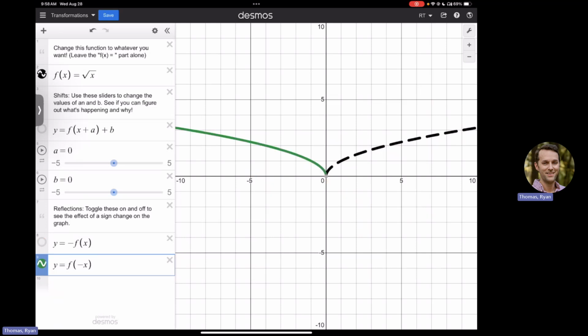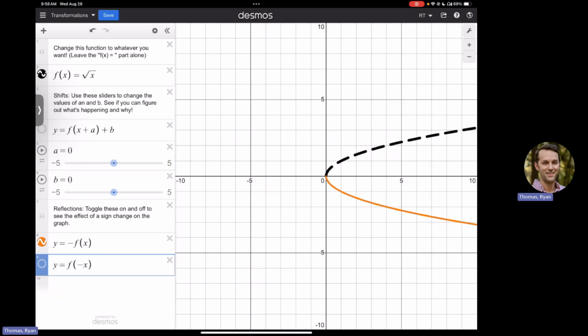All right, now these are called reflections because what they do is take the function and preserve the shape, but change the orientation by essentially holding something still and reflecting it, like mirroring it.